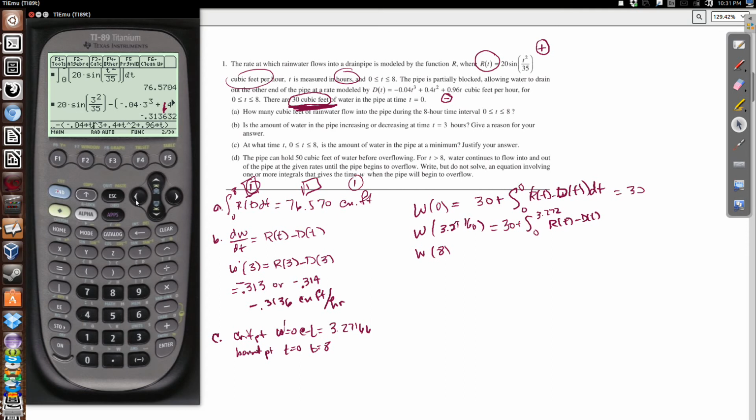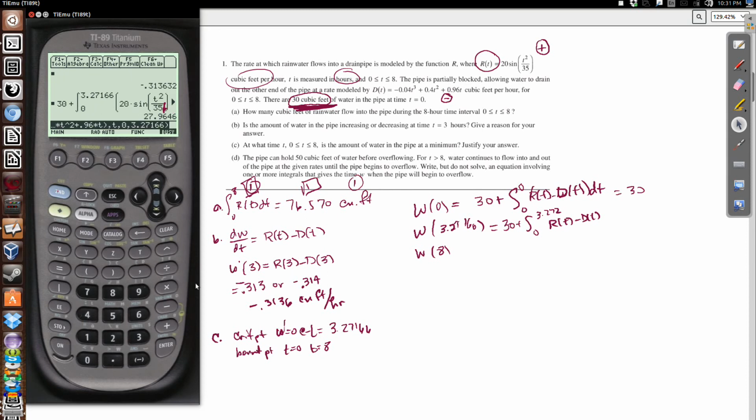Would have been helpful if I'd changed these along the way. But I'm going to integrate this from 0 to that r value. And I'm actually going to put in all the decimal places that we got instead of just the 3 decimal places, just to make sure that my answer is as accurate as possible. So I'm going to integrate this with respect to t from 0 to 3.27166.